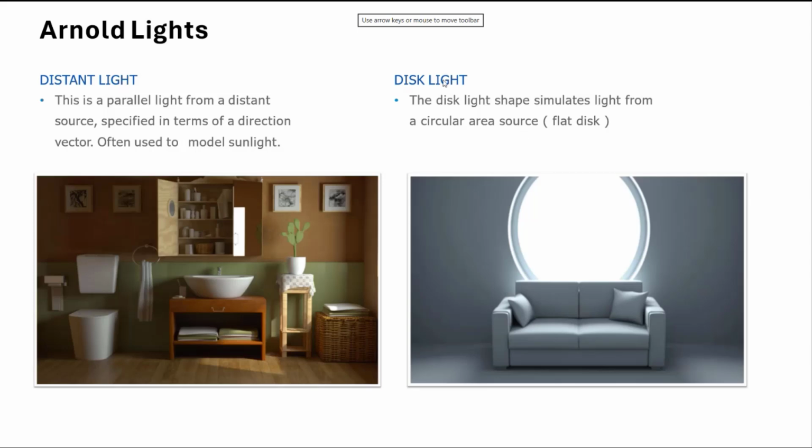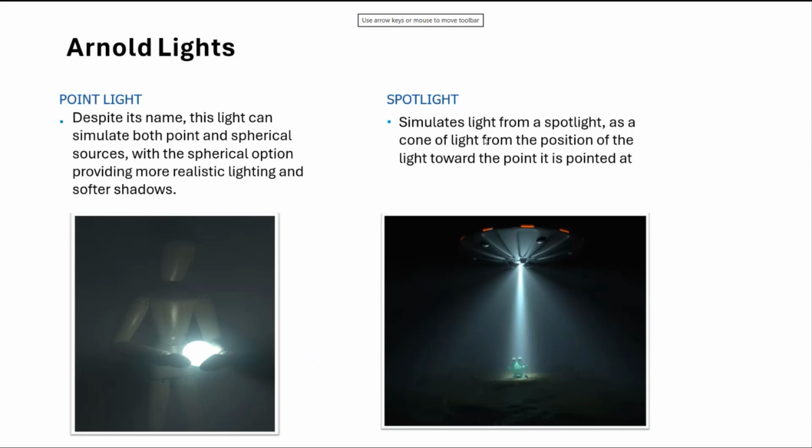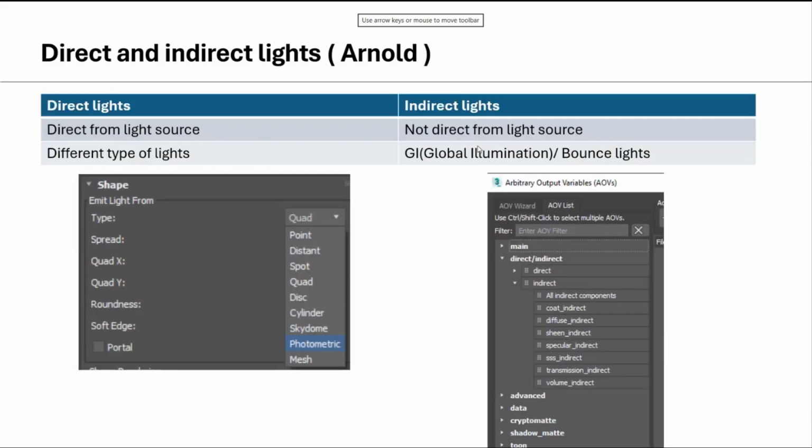Sometimes we put it in front of the camera. Let's say you have a character and you want the light in front, with a flat shape, so you can use this light in your scene. Okay, so I think we can move on. This is the point light.